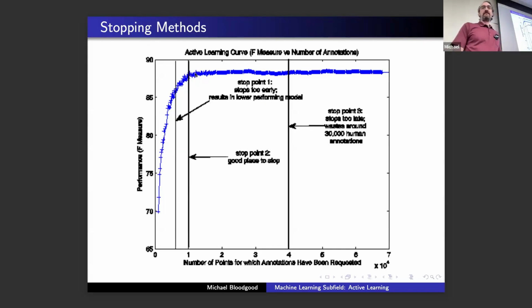At that point, if you spend more money labeling, you're basically flat. You're not getting more gains from it, so you're just wasting money. So that looks like a good place. If you stopped, hypothetically, let's say out here, performance-wise, it's okay. You'd get a high-performing system, but you wasted about 30,000 human annotations. This particular one was for a machine translation task.